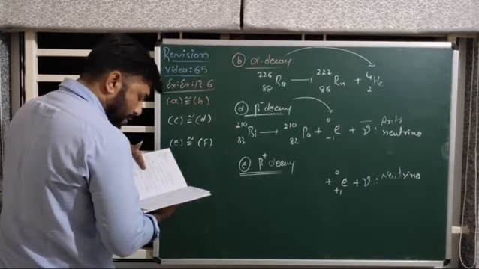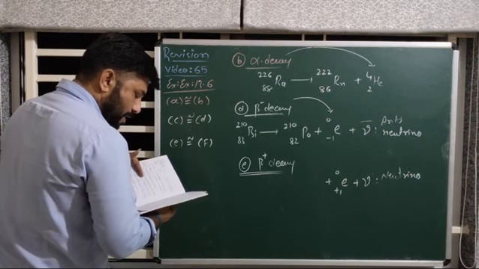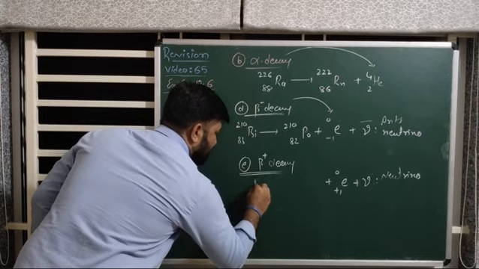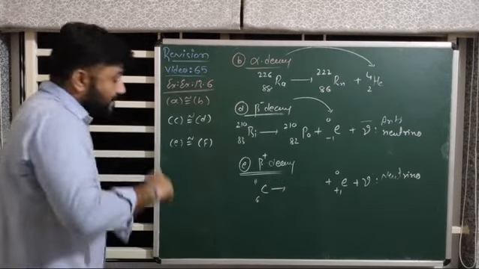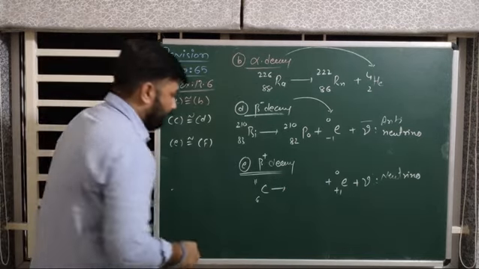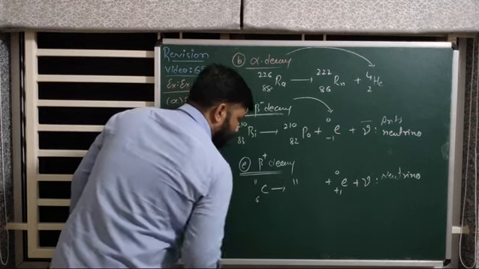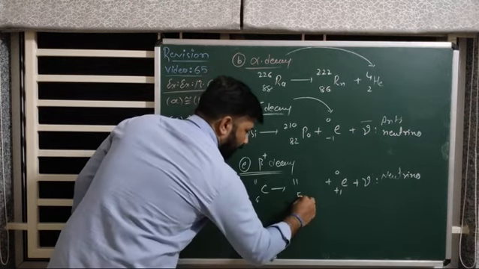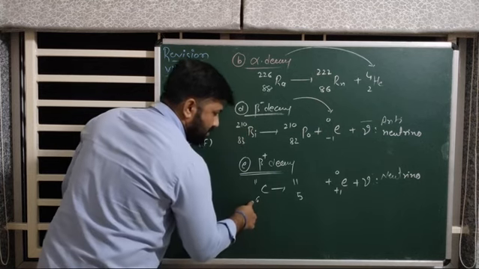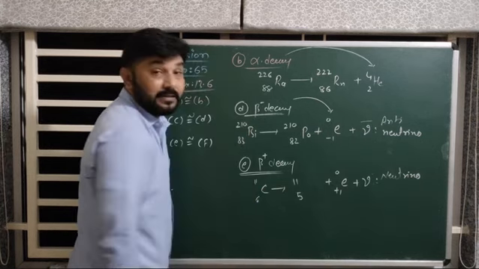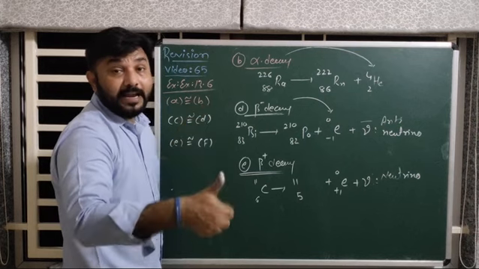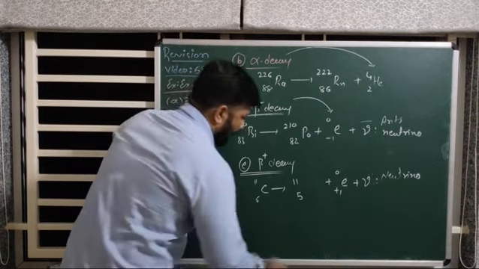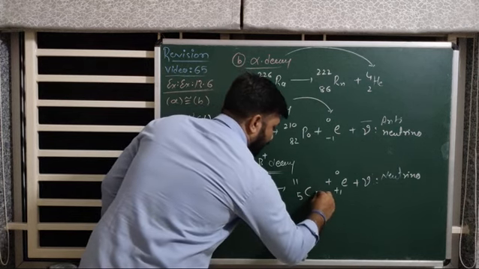Okay, then element is given. Which was that element? C 11, 6. What is the standard condition? Atomic mass same, that is 11, 6 plus 1. So it will be 5, 5 plus 1, 6. So atomic mass same, atomic number increased by 1, and that element is again that isotope of carbon.